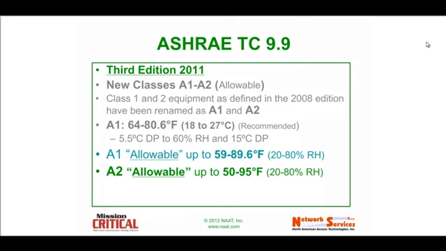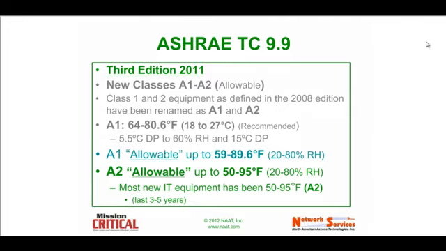And kind of more interesting, if you look at the equipment that's been manufactured for the last 5 to 7 years now, or actually that says 3 to 5 in the slides, more like almost 7 in many cases, going back to 2005, you'll see that a typical server from any of the major OEM brands will typically be rated at those particular numbers of 50 to 95 degrees Fahrenheit and 80 to 20% relative humidity.